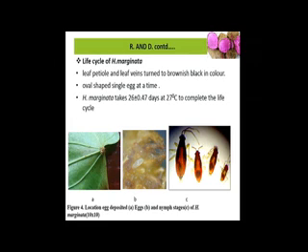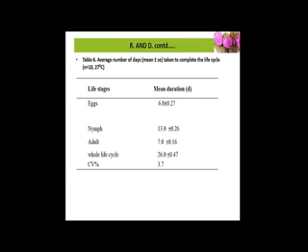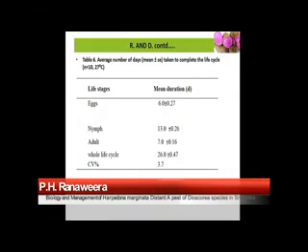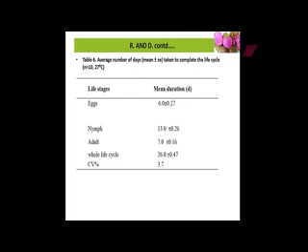To complete the life cycle of this pest, 26 to 27 days are taken at 27 degrees Celsius. This table shows the average number of days taken to complete the life cycle. We can see that the higher number of days was observed for completing the nymphal stage.